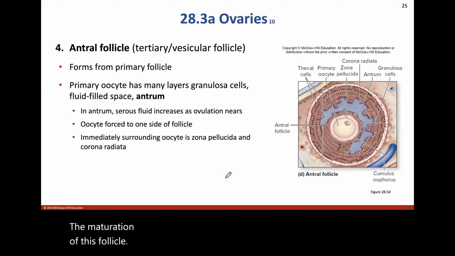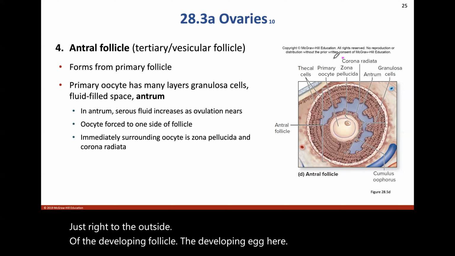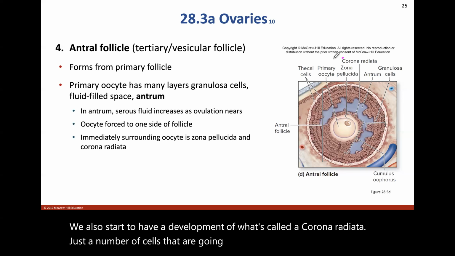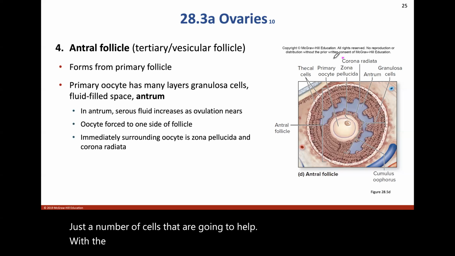As you can see, just right to the outside of the developing follicle, the developing egg here, we also start to have a development of what's called a corona radiata. Just a number of cells that are going to help with the final development and maturation of this follicle.